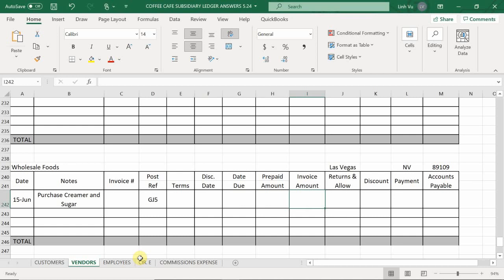The invoice amount is $70.59. Good. And we paid it, so it's $70.59 under payment.